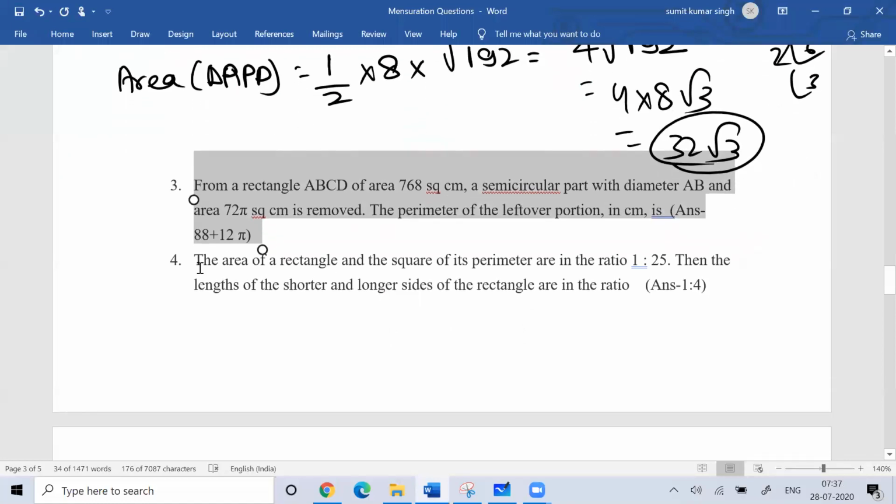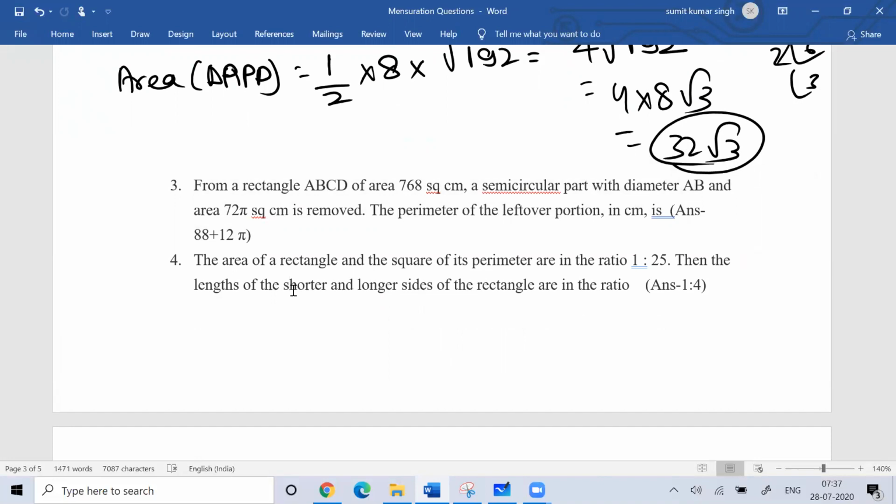Then next question: the area of a rectangle and the square of its perimeter are in ratio 1:25.